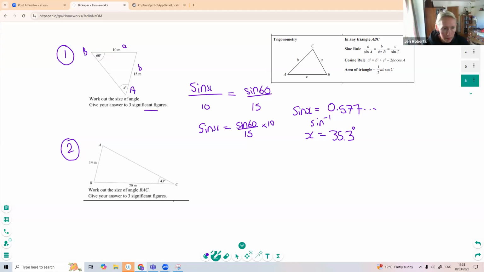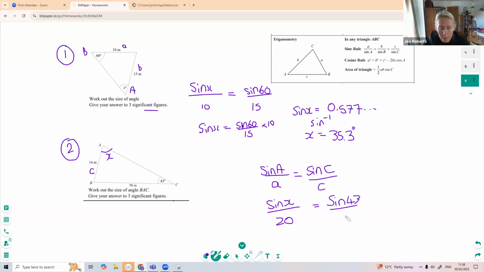Big C, little c. BAC is this angle here. So that's my unknown this time. That is 20 meters there. So we have this time sine A over a equals sine C over c. We just don't need B, so we just leave it out. Multiply both sides by 20.